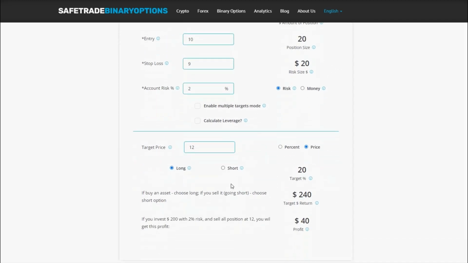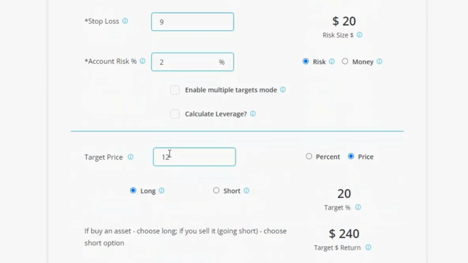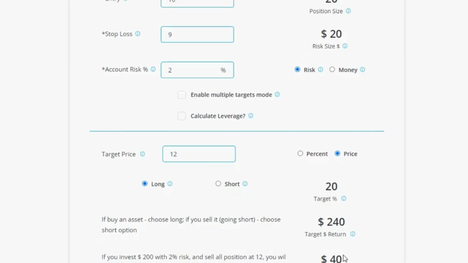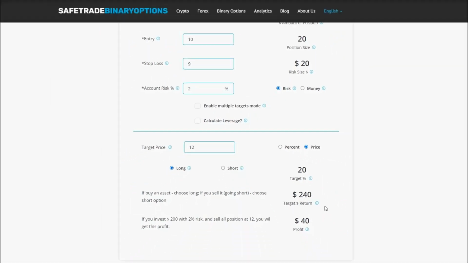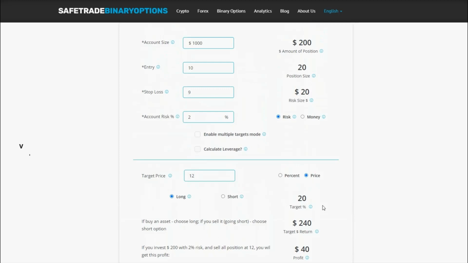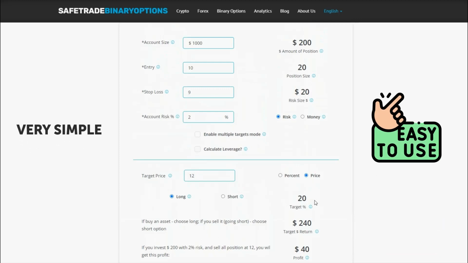We have 20 shares. If we sell them for a $2 profit, $2 times 20 is 40. That is our profit, so we will be profiting $40, and we'll also be getting back our original $200, so our total return, $240.